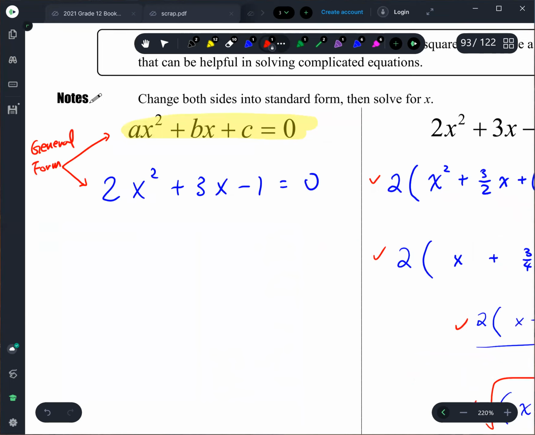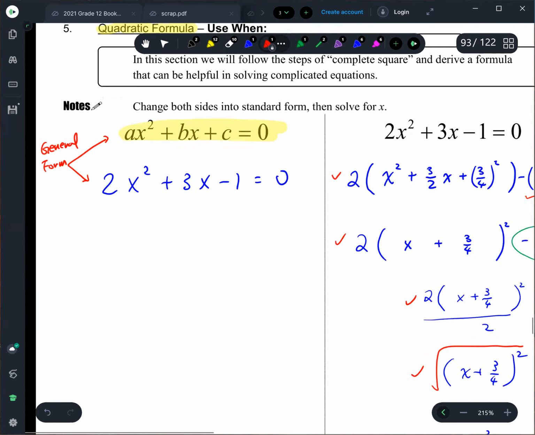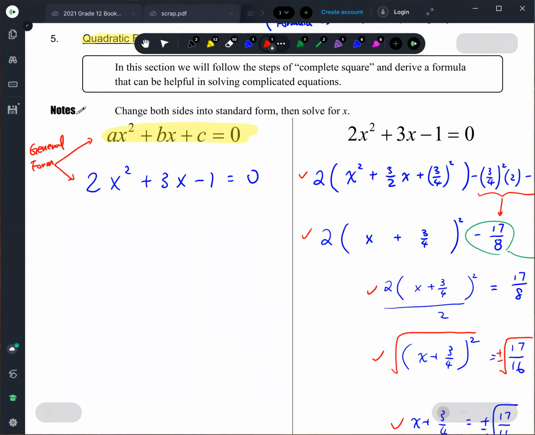The formula only works for general form, so if it's not, you have to change it first. So you compare and then figure out what A, B, and C are. The value for A is the number in front of x squared, so that will be 2. What's the value for B here, Naomi?